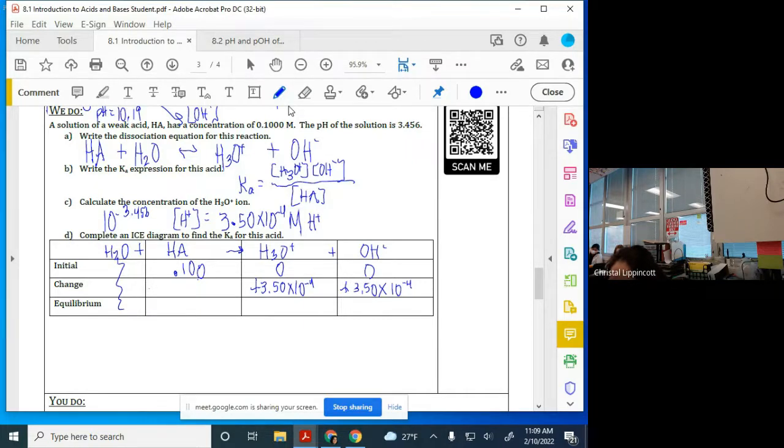And then I'm going to lose that amount over here. So when I am done, this ends up being 0.9965. And these amounts are the same. I'm just going to be lazy and not write them in.